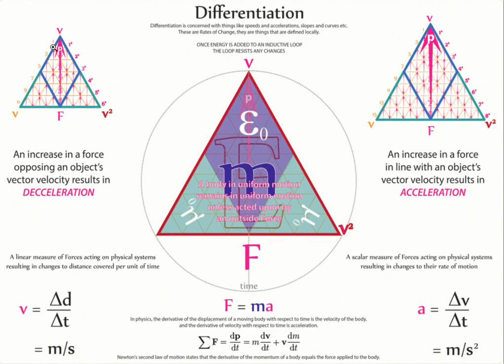In the case of Newton, where he developed differentiation, obviously he was just simply calculating the force, or the changes in momentum that are created by the application of force. We can see it as change in distance over change in time for the velocity, or change in velocity over change in time to give us the acceleration.